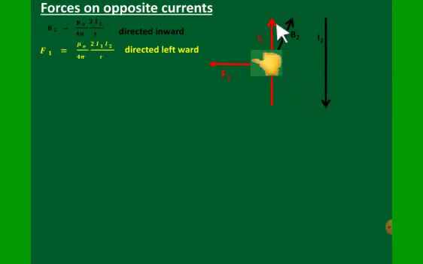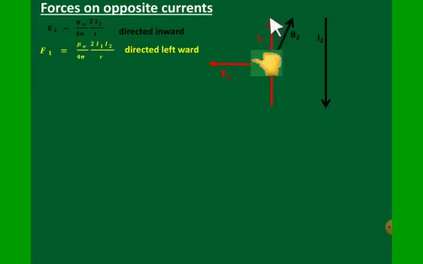Why? Because IL is here, B is getting inside. So if you curl from the first vector to the second vector, you will have the direction of the force in the direction of the thumb. Got it? IL will be along the red arrow.